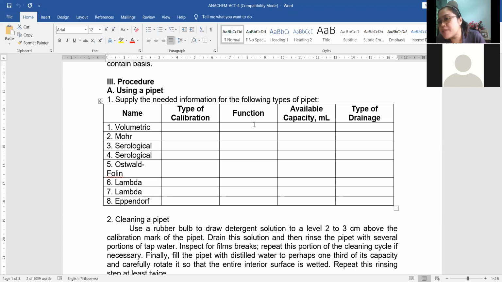We only have two types of calibration, to deliver and to contain. And then you have to supply the function also of the types of pipette, available capacity, this is in ml, and the type of drainage. So example sa type of drainage, kaya ka ng mga blowout pipette, when you say blowout pipette, ubusin mo talaga lahat ng laman. Okay, you have to research for this.